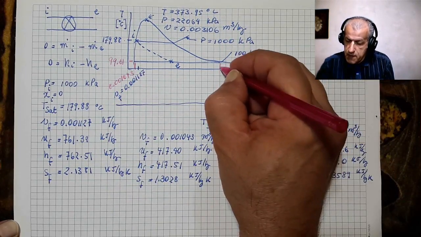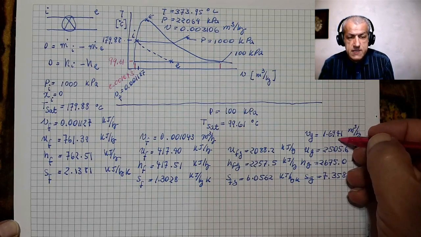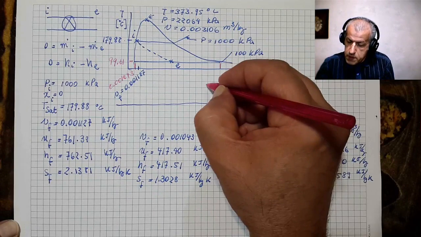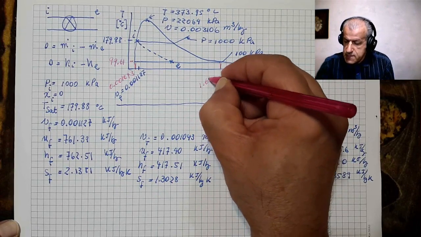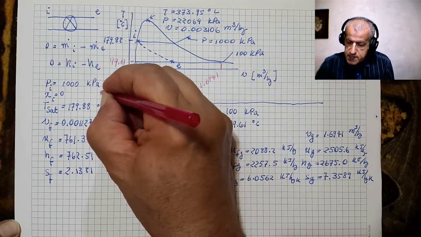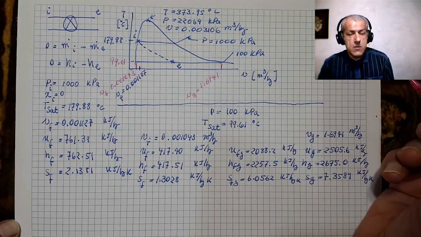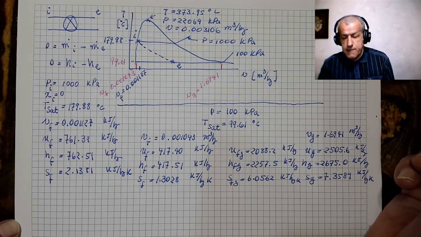And here we have Vg, which is 1.6941. This is Vg, and this is Vf. These are for the 100 kilopascal line.